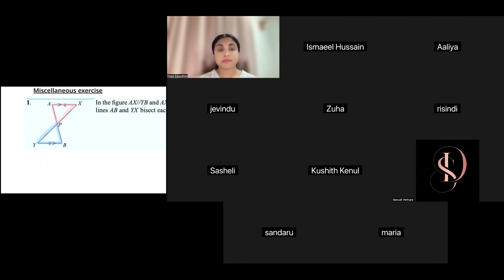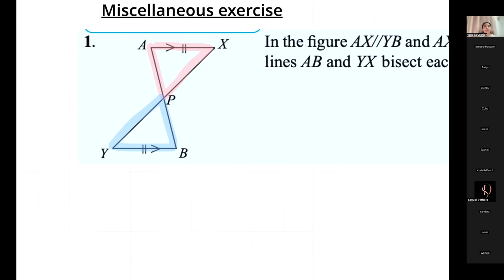Okay. Can you all tell me what are the equal elements here? AX and YB, yes. AX can be a side, YB can be a side, because they have marked that they are equal. So we have one side, okay?